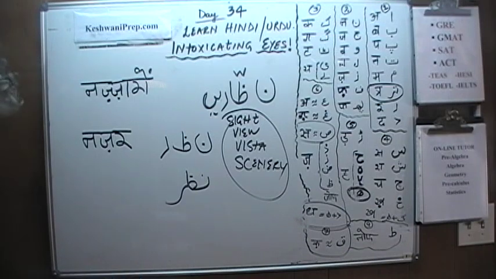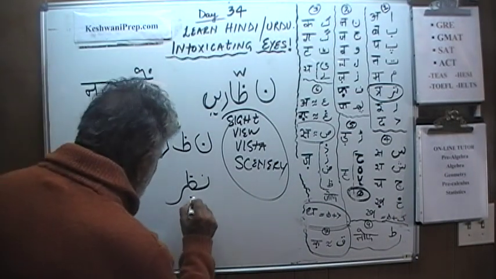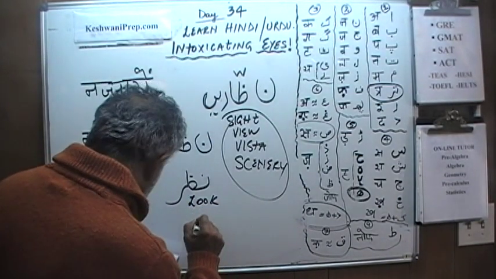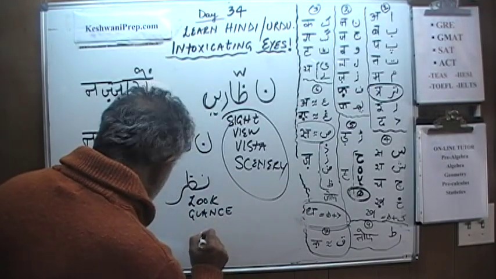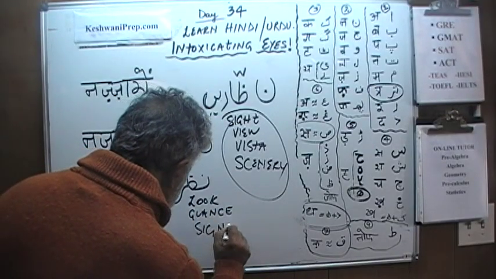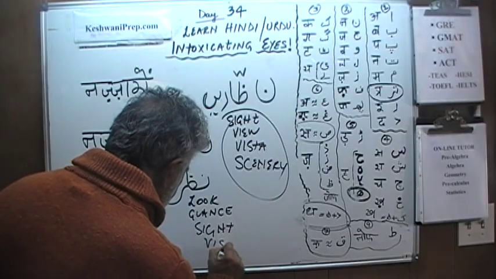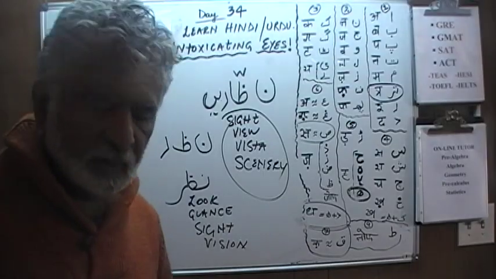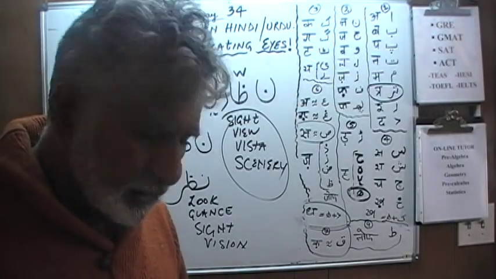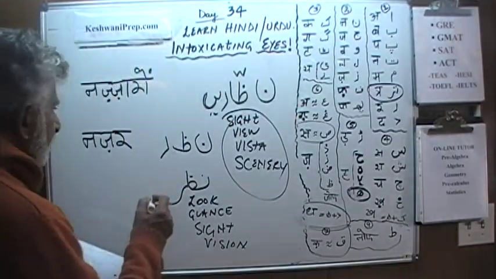Nazar. Nazar means look, glance, sight, vision. I'm going through all this for a reason, because, as I said, they will come in handy in a second. The plural would be nazre.